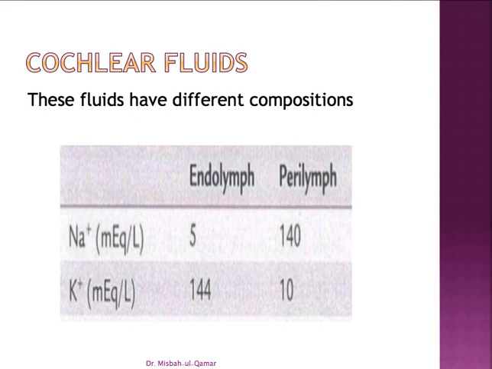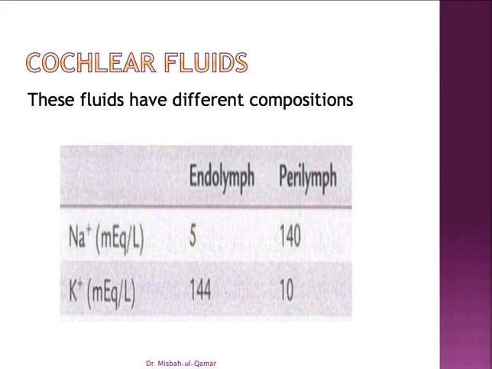So again, you will have to draw columns of differences between the perilymph and the endolymph. You see that the perilymph resembles the extracellular fluid, while the endolymph resembles the intracellular fluid.